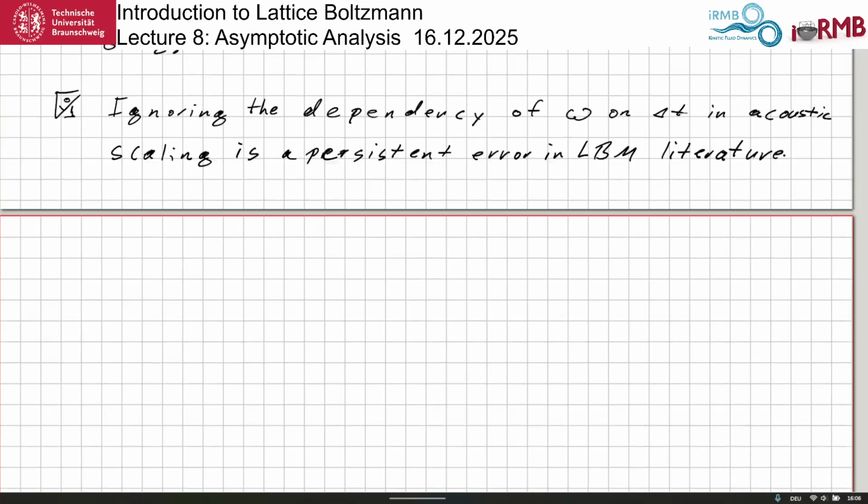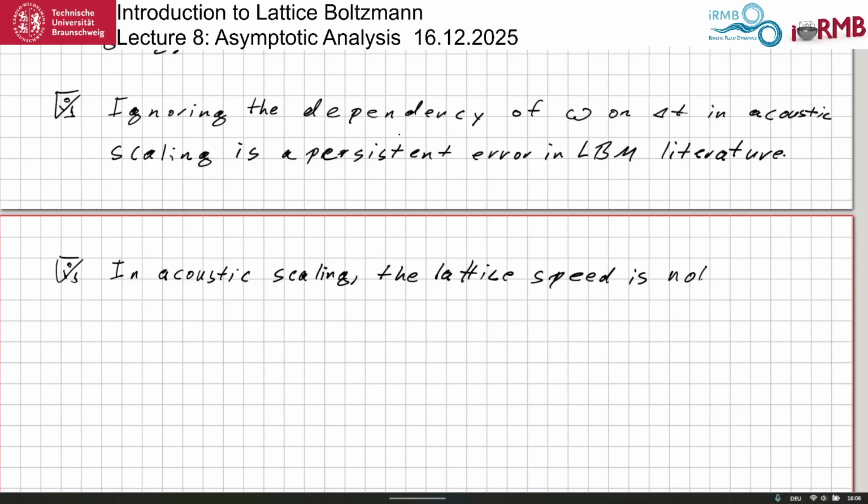So, and we are going to do this in a later lecture when we come to grid refinement. Here, let me just write this down. In acoustic scaling, the lattice speed is, okay, so what does it mean?